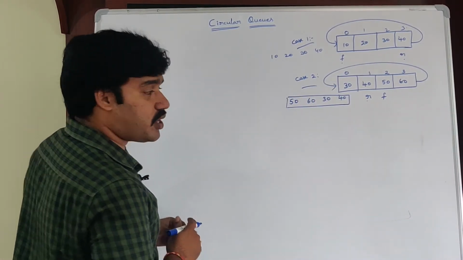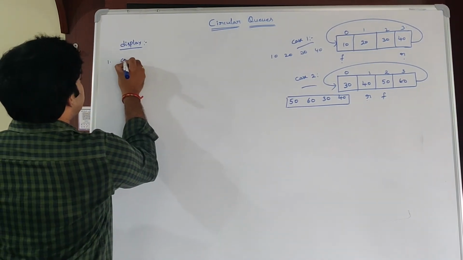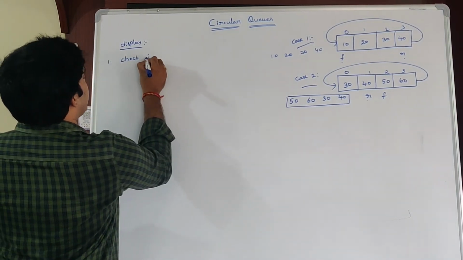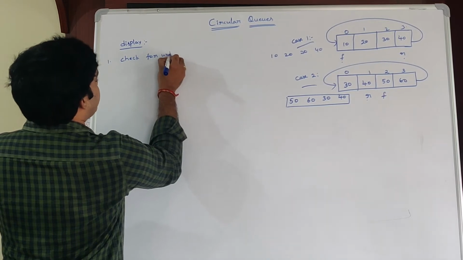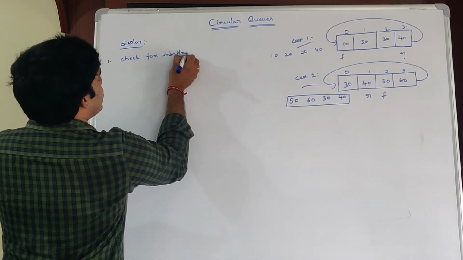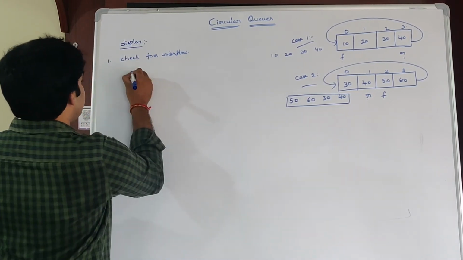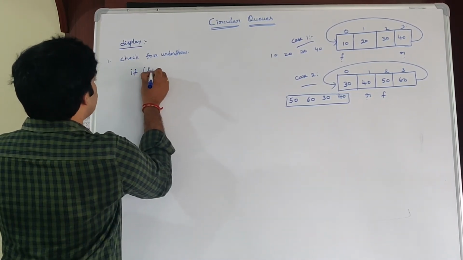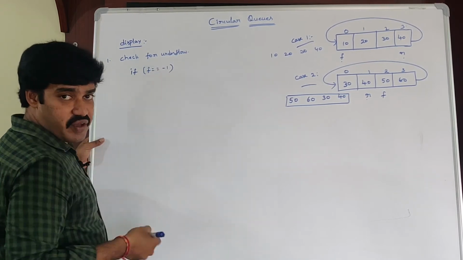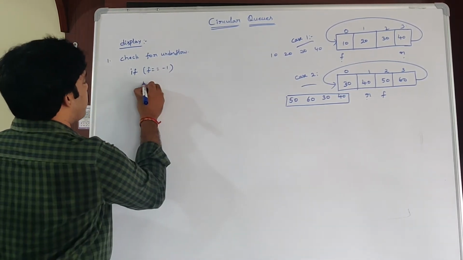Now how to write the logic? First, check for underflow. Why? Because if the circular Q is empty, it is not possible to display the elements. That is, if f is equal to minus 1, underflow.